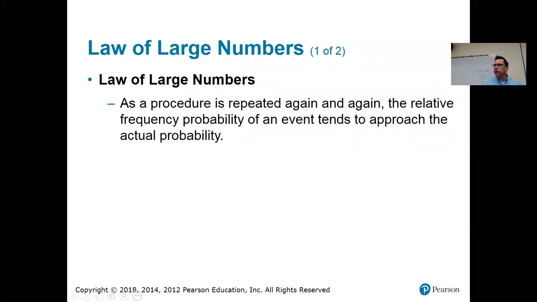I said probably that proportion would be pretty close to 3/8. That is called the law of large numbers. When you repeat a procedure over and over again, the relative frequency probability gets very, very close to the classical probability, the one that comes from the mathematical formula. Okay, so that's kind of cool.